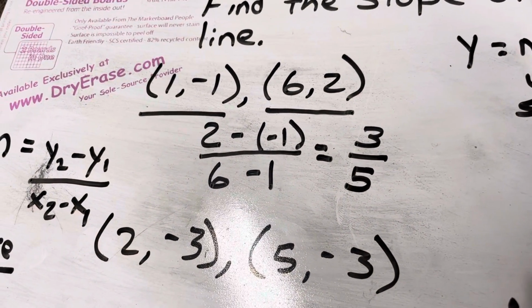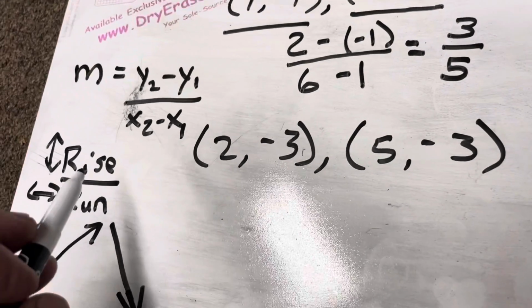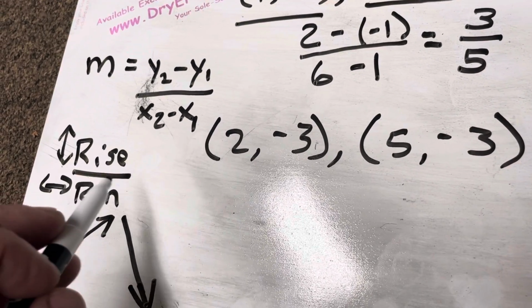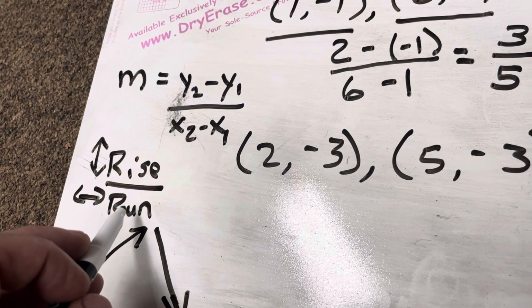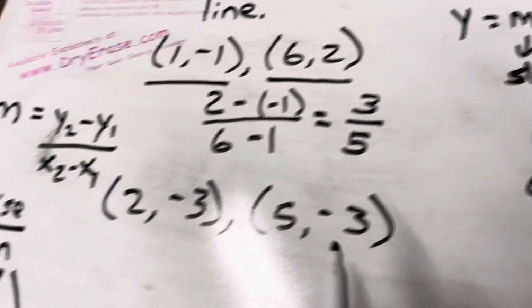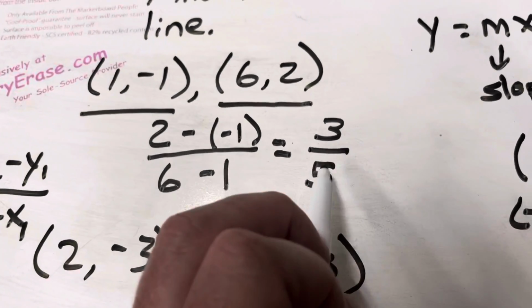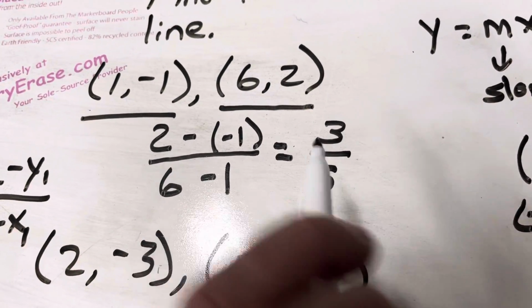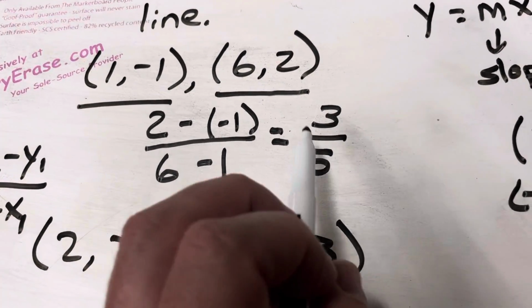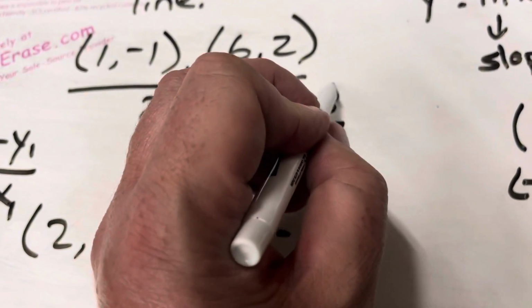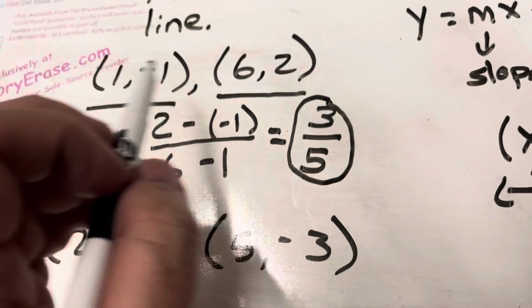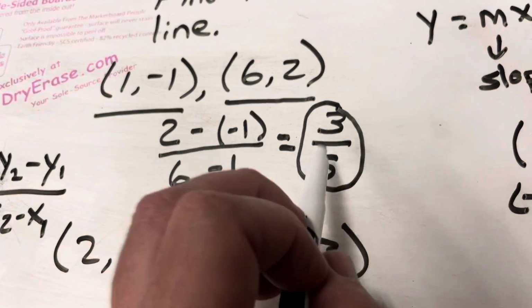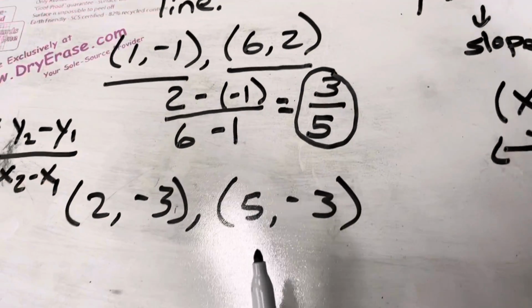We always make sure that our slope, which is usually just going to be a fraction, rise over run. Sometimes it might be a whole number if the run part is just 1. But we always want to make sure it's in simplest form. 3 over 5 is in simplest form because no number other than 1 can go into both 3 and 5. The slope of the line that goes through these 2 points is a positive 3/5.